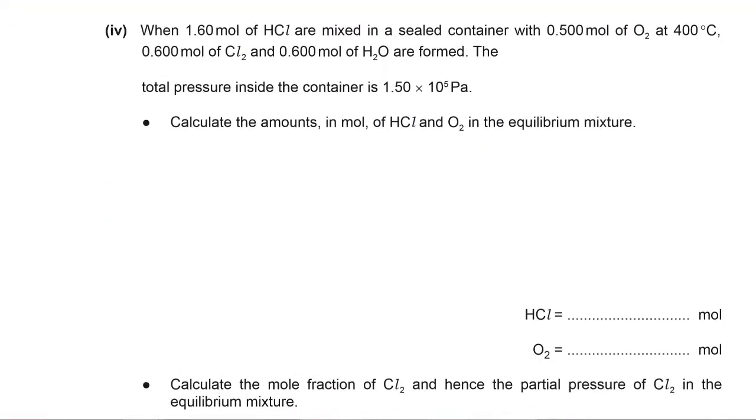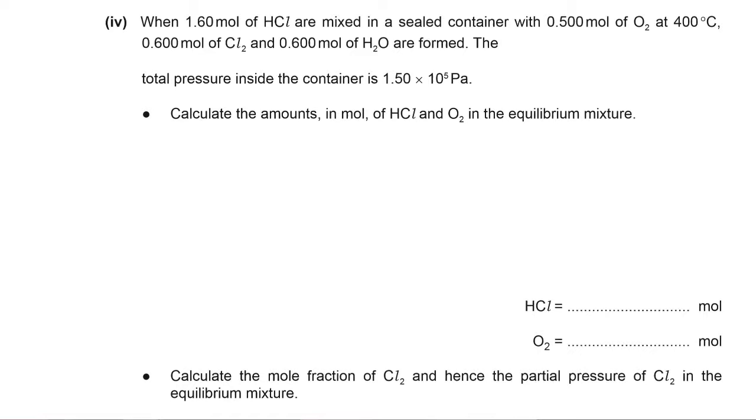In this equation, 1.6 mole of hydrogen chloride are mixed in a sealed container with 0.5 mole of oxygen at this temperature, and 0.6 mole of chlorine and 0.6 mole of H2O are formed. The total pressure inside the container is this one. Let's write the equation first of all.